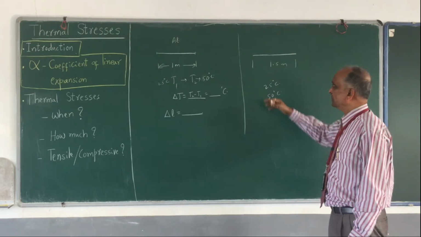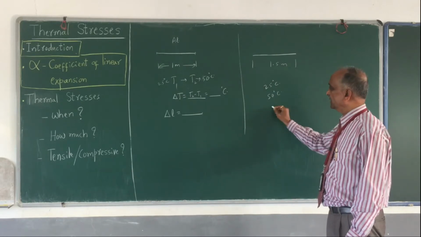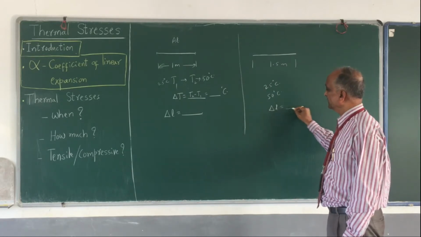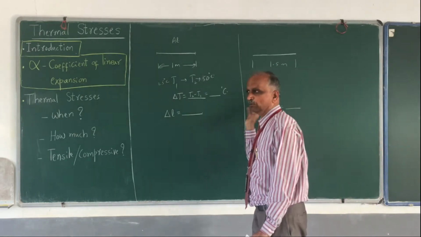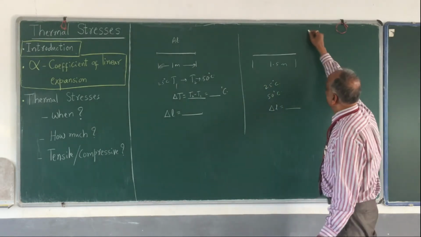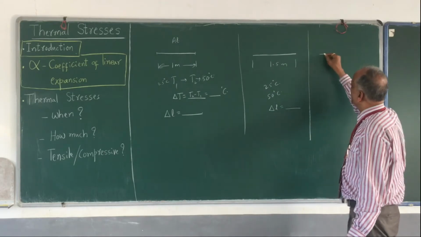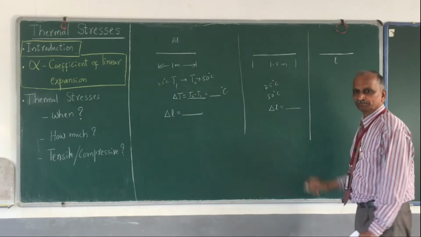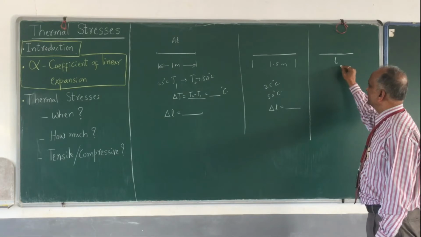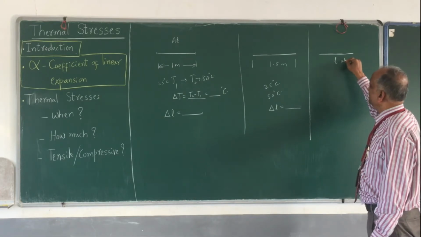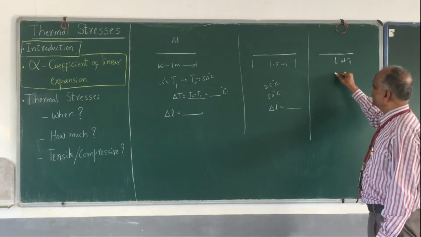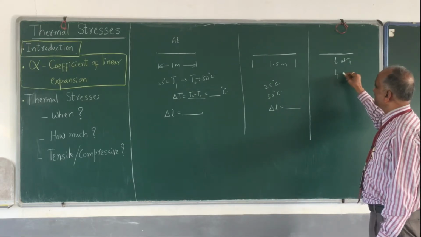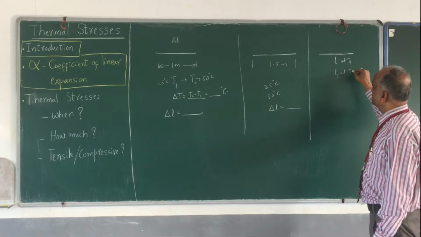When the temperature changes, its length is going to increase, and here also I can find out delta L. How are they related in general? If I make it general, say its length is L1 at a temperature T1, then I change the temperature and it becomes L2 at temperature T2.